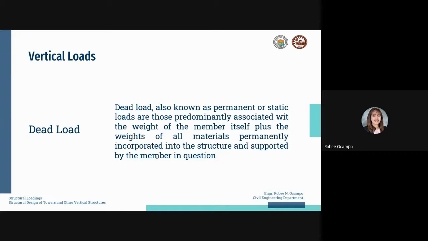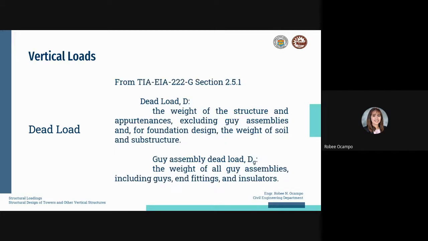Aside from the materials attached, or the self-weight of the structure itself, this also includes anything that is supported by the member itself. Now, according to the TIA EIA-222-G, this is the code that we're using again for the design of antenna supporting structures.